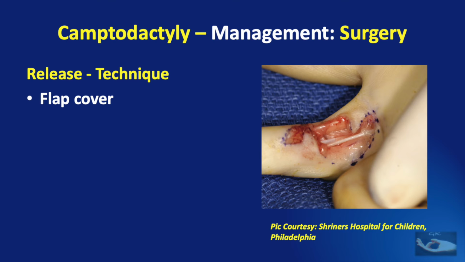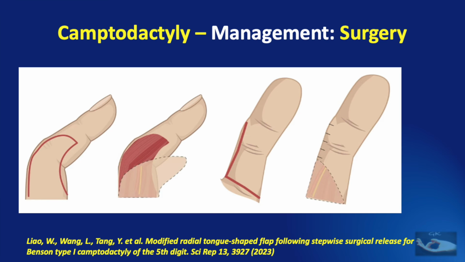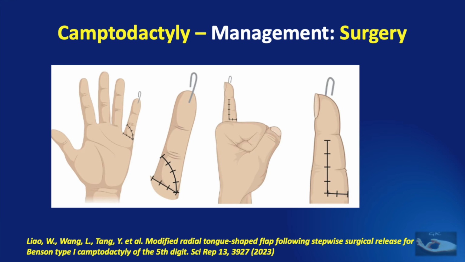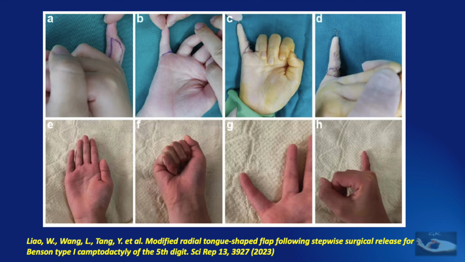A cross finger flap can be done from the neighboring finger, but that leads to scarring of the neighboring finger also. This technique, described by Liao et al., shows a tongue-shaped flap taken from the radial side of the involved little finger to transpose and cover the defect on the volar aspect of the little finger after release of the contracture. The clinical results are also seen in this study.